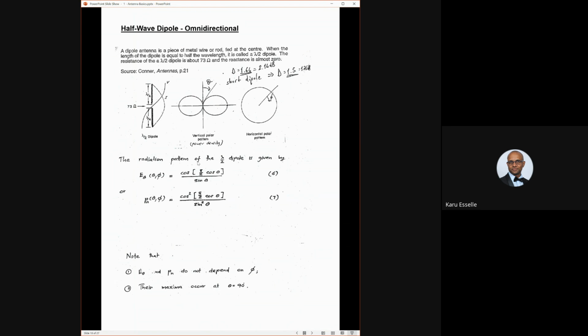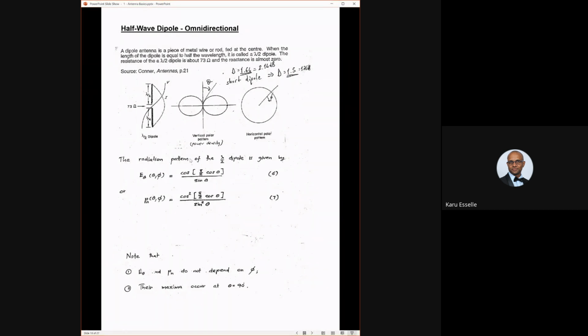Power density is proportional to the square of the electric field. As you can see, they only depend on theta, not on phi, because it's omnidirectional. And the power density is maximal at theta equals 90. That is this direction on this plane. Theta equals 90, that's the horizontal plane.